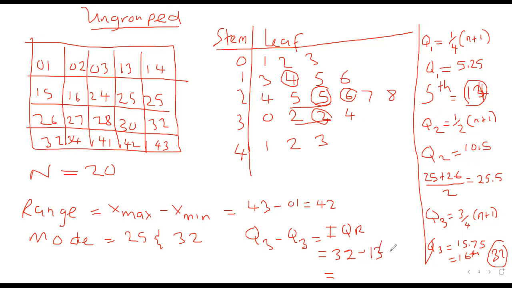So we subtract 32 minus 14. What are you getting? 18, right? You get 18.